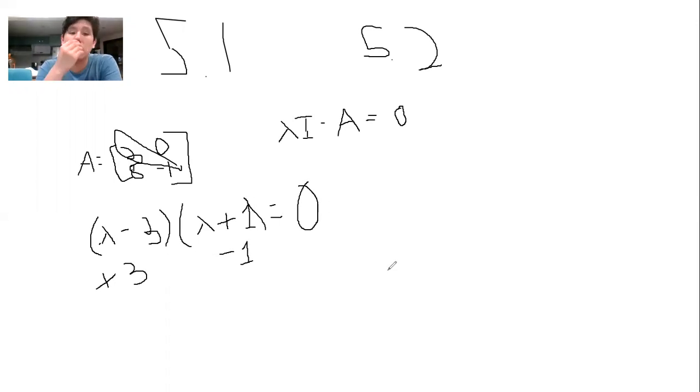So in this case, we can see that our eigenvalues are plus 3 and minus 1. We can see this is a problem for a 2 times 2 matrix. So we'll see one for a 3 times 3 matrix.